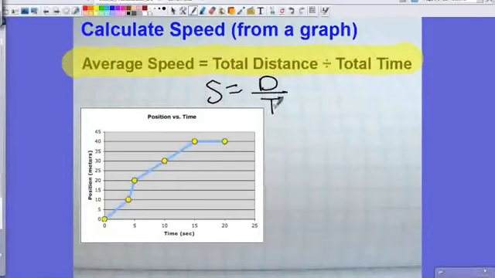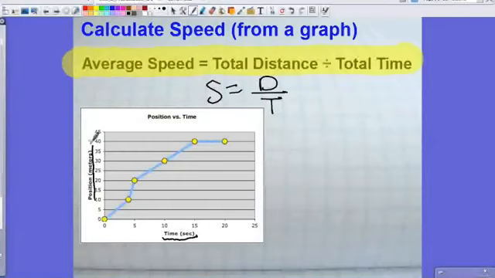In this case, let's say that I'm using a graph and I want to find the average speed of this entire graph. I look at this graph and I see time and I see distance. Position, remember, means the same thing as distance in this unit.